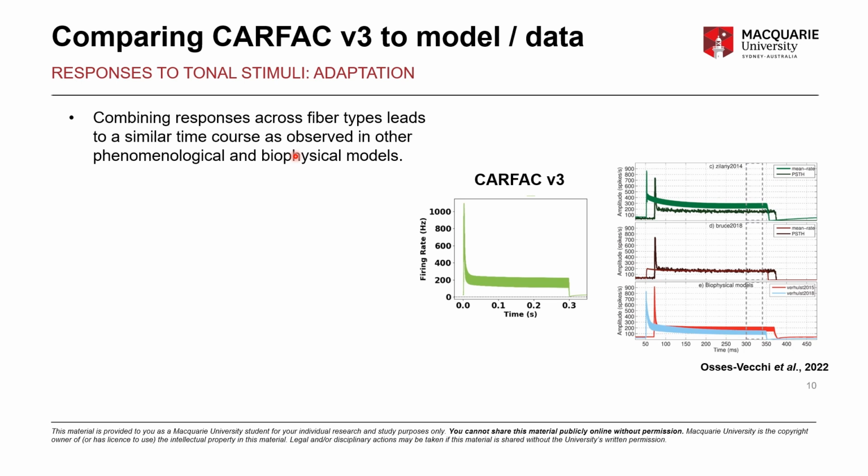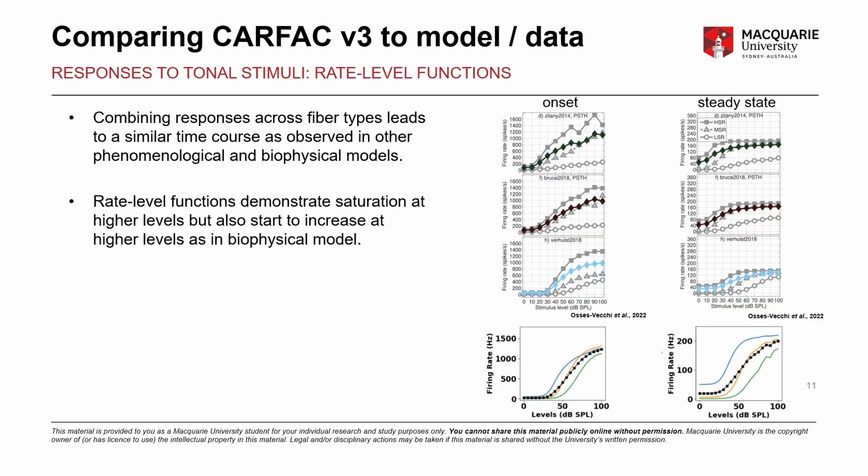Here we can see there's some response to a 4 kHz tone at 70 dB across all fiber types for the 4 kHz frequency channel in CARFAC V3, and we can see how the time course and adaptation is very similar to that seen in both the phenomenological models of Zilany and Bruce and the biophysical models of Verhulst. And we then compare responses to a 4 kHz tone at different intensities.